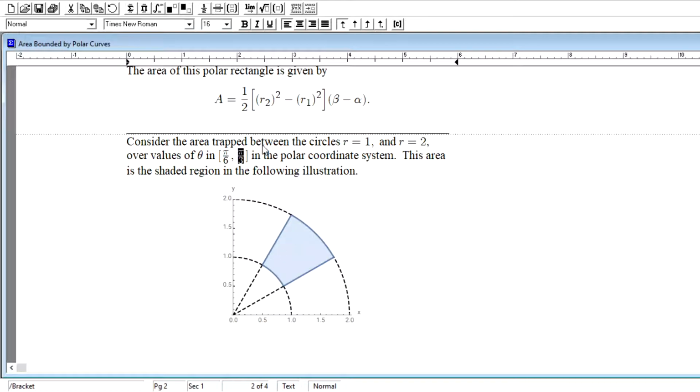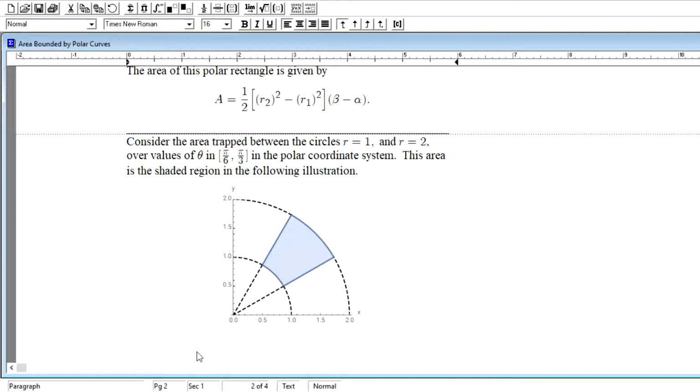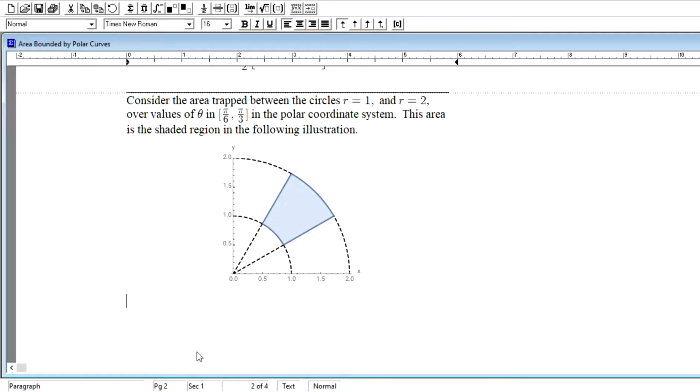The area trapped within these two circles over values of theta from pi over 6 to pi over 3 has the following calculation, and it defines this polar rectangle.